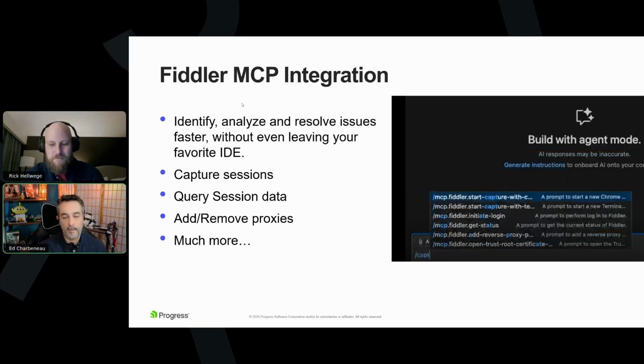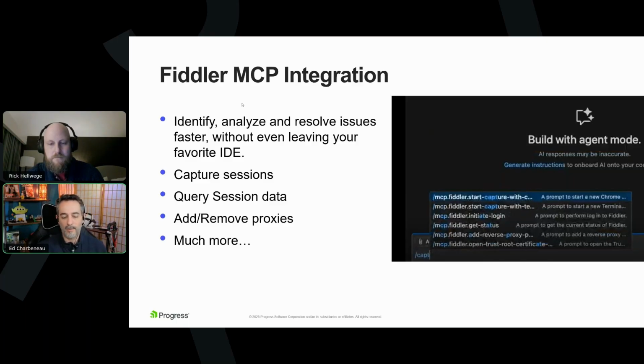So with Fiddler MCP integration, what you're able to do is identify, analyze, resolve issues, and not leave your IDE. And you could do it all through Copilot. And you can capture session data, query session data. You can do all sorts of really interesting things, much like you do with a command line. But what's cool about the MCP is it's using a large language model.